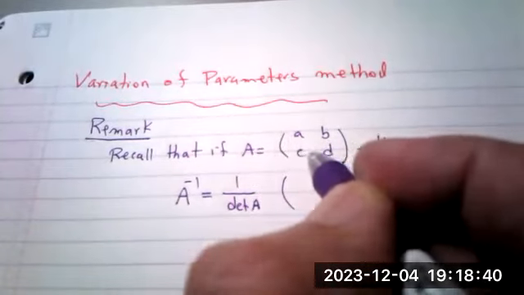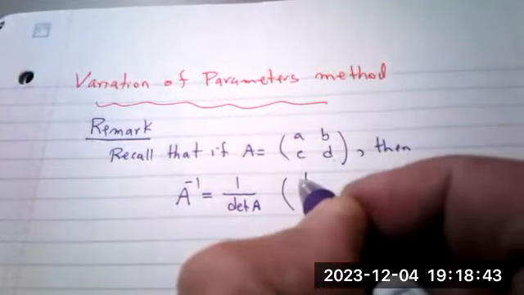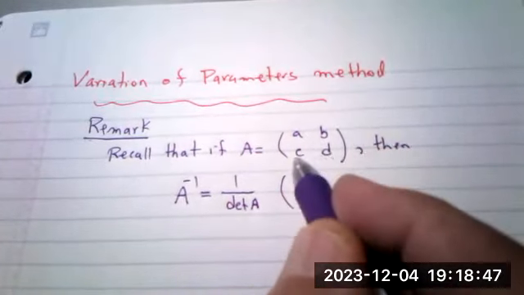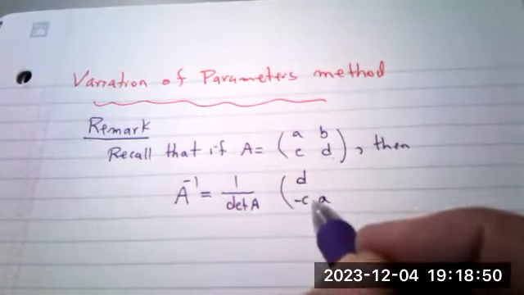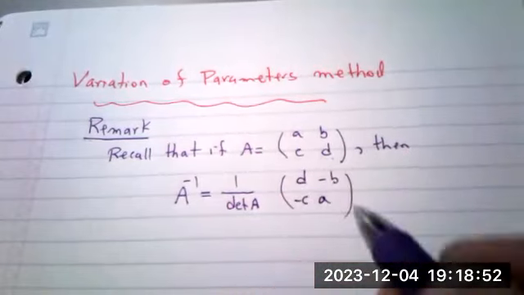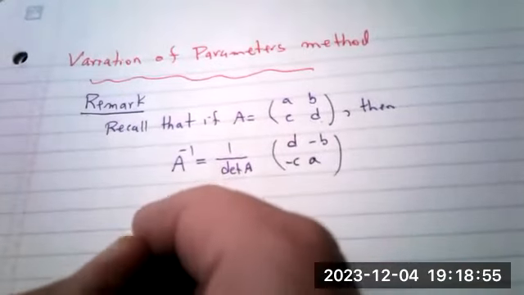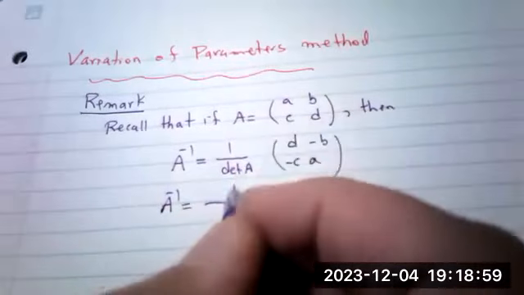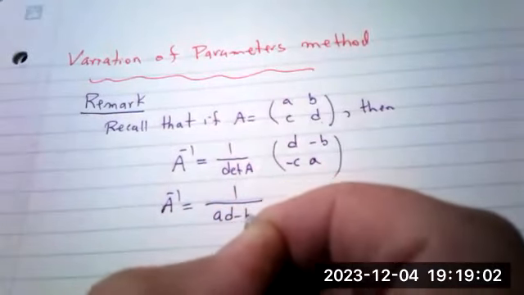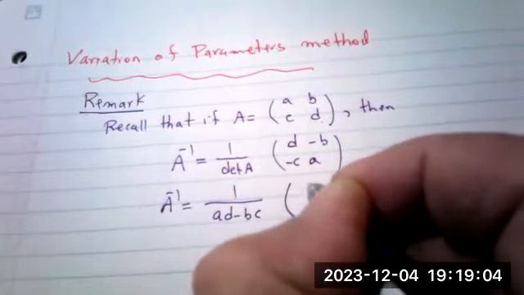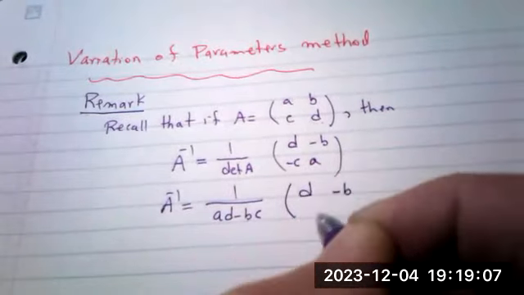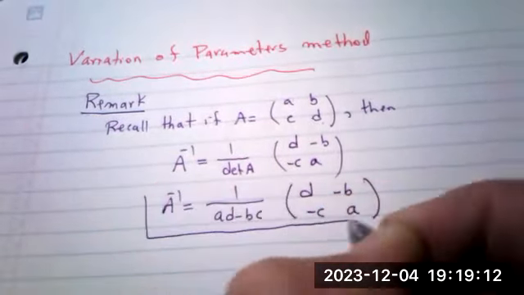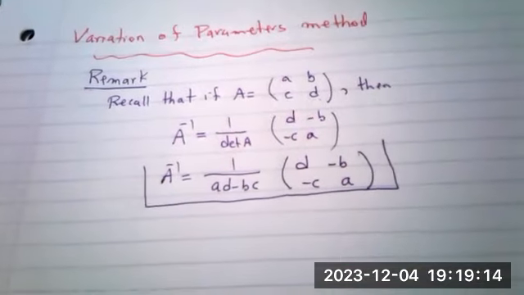So this is A and D, we make it D and A. And then we use the opposite sign for the other two: negative C here, and negative B. The determinant of this matrix, we talked about before, is AD minus BC. So the inverse is 1 over (AD minus BC) times the matrix (D, negative B; negative C, A).